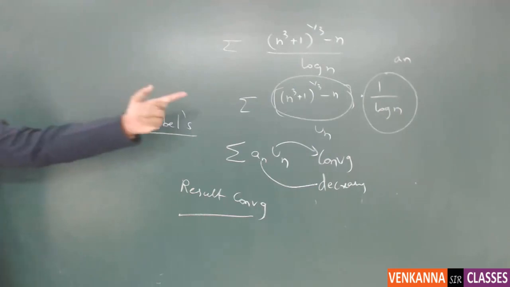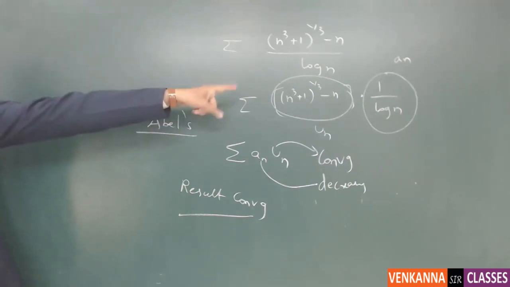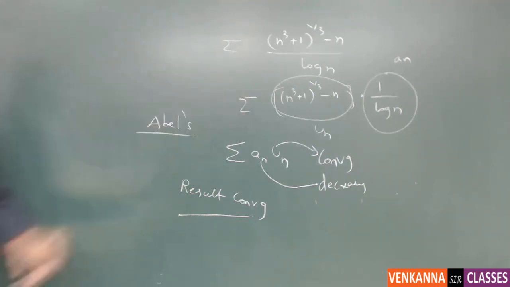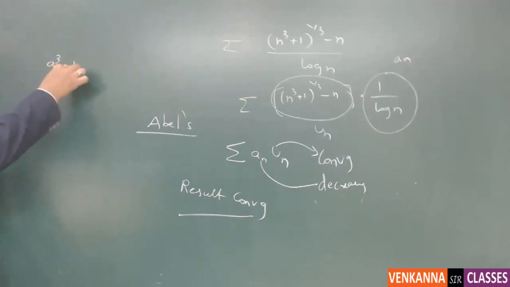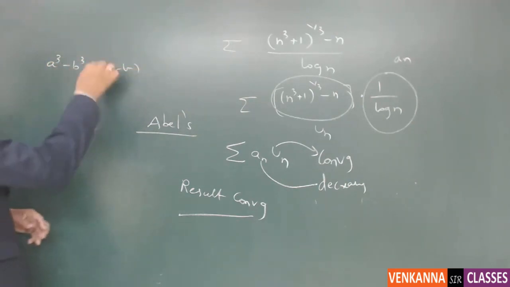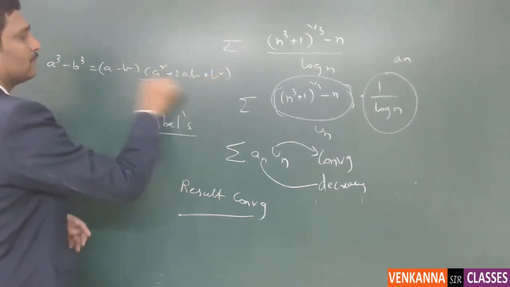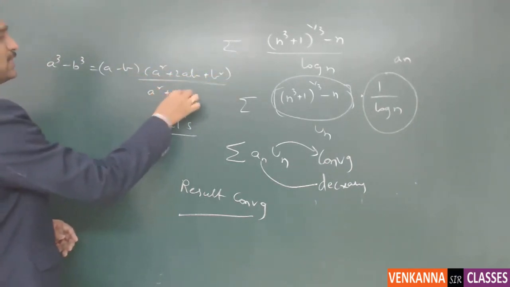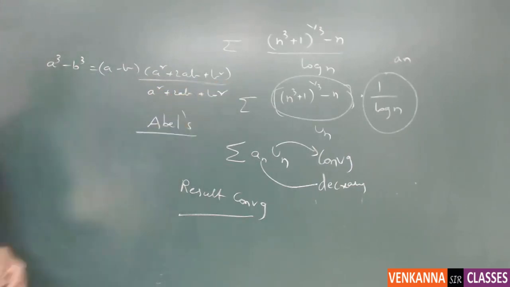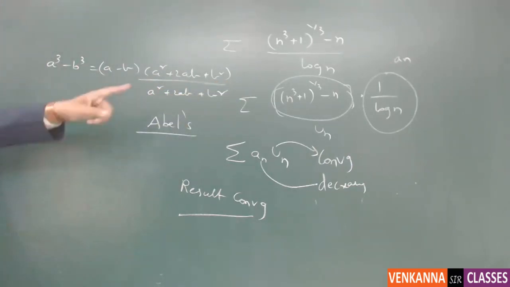How is it convergent? Earlier we have proved the same problem by doing a rationalization. The formula a cube minus b cube is equal to (a minus b) into (a square plus ab plus b square), divided by a square plus ab plus b square. Could you recollect that problem? We have done that problem earlier. Using the limit comparison test we have proved.